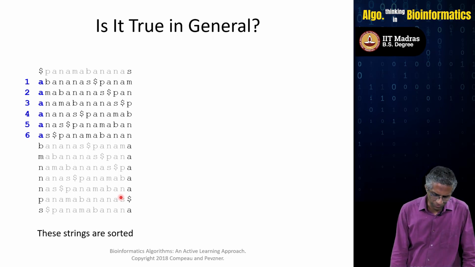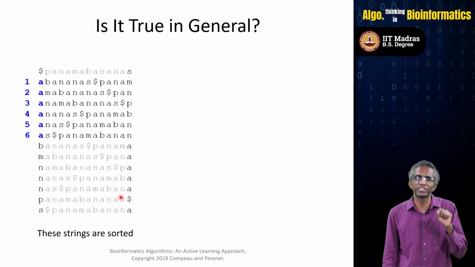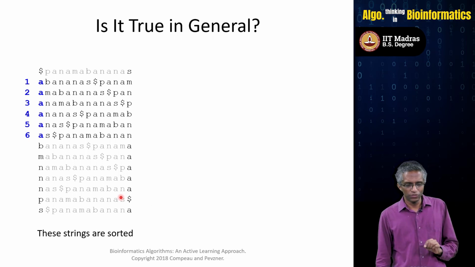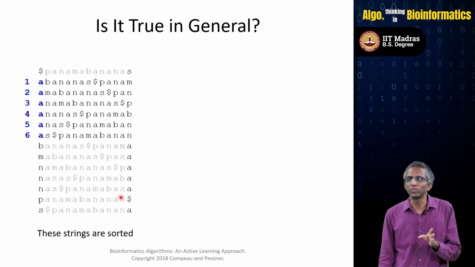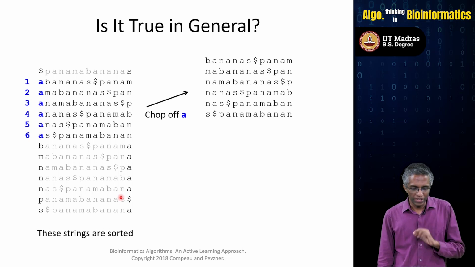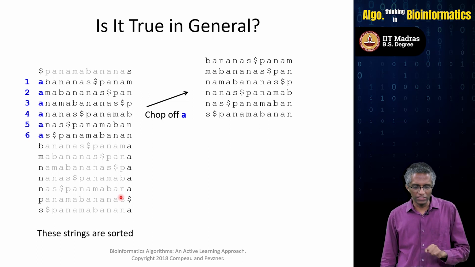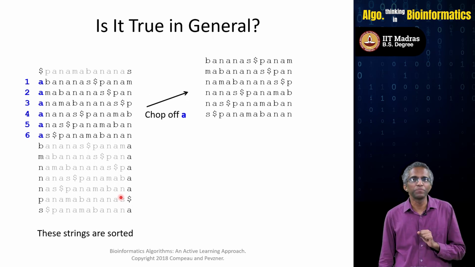We are going to use the property that these strings, these cyclic rotations, are sorted, to try to answer this question in the positive: yes, it is true in general. How do you see that? If you take all of these strings 1 to 6, all of these are sorted, so you can chop off the A and then add it to the end.